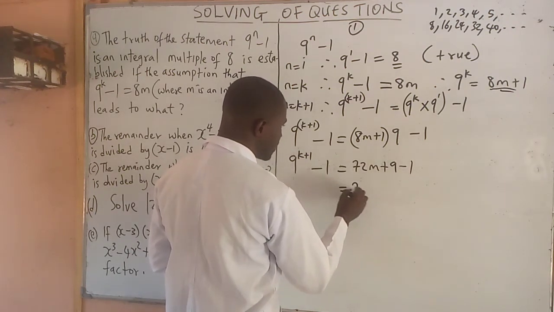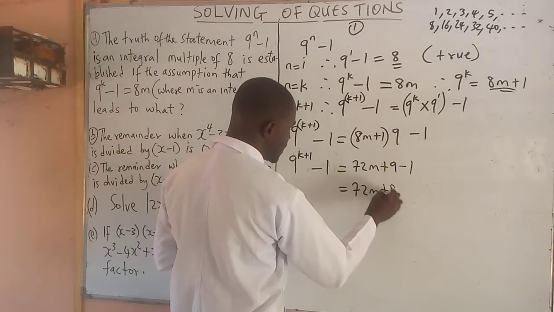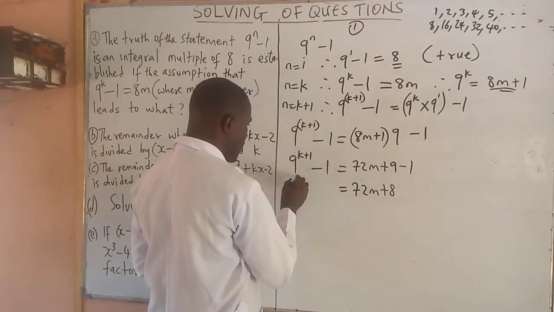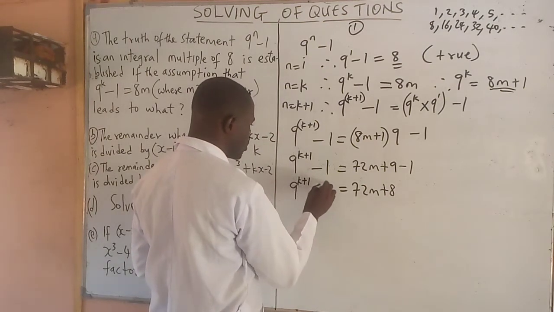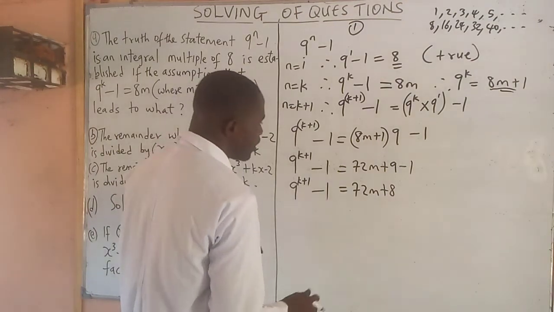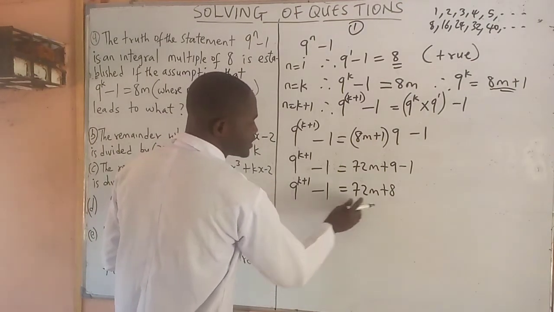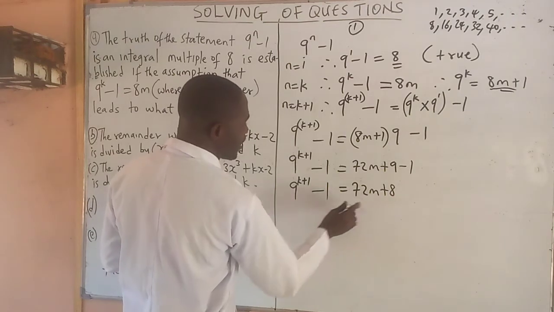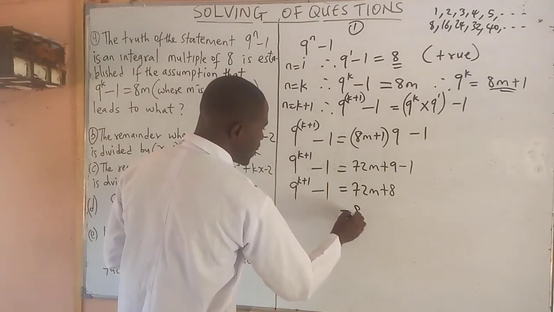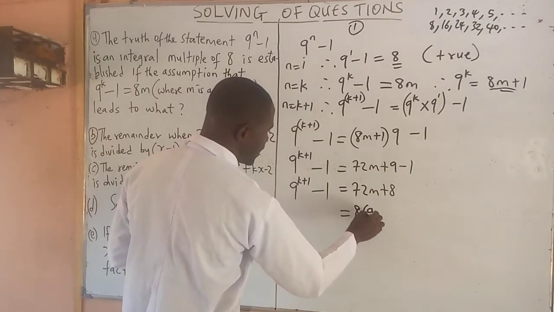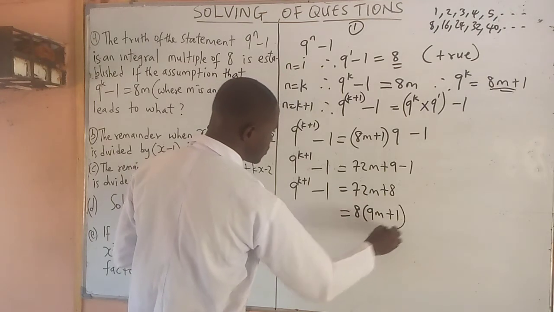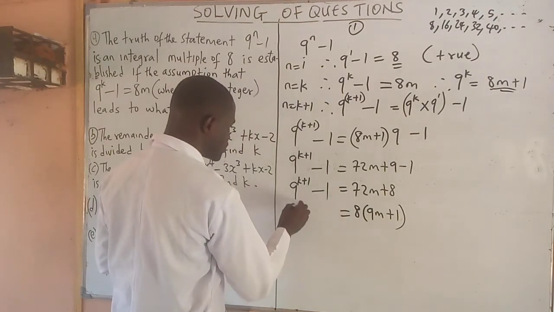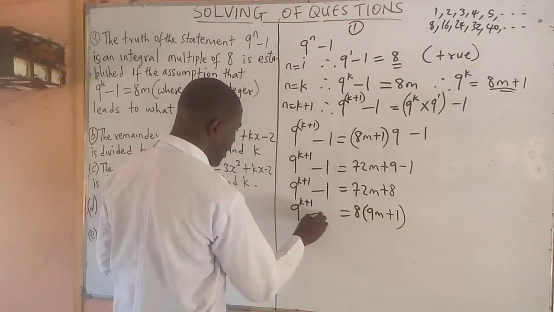That will be giving us 72m plus 8. Now, this is the answer. You can also put the answer in factorized form. You say 8 bracket 9m plus 1 equal to 9 raised to the power of k plus 1 minus 1.